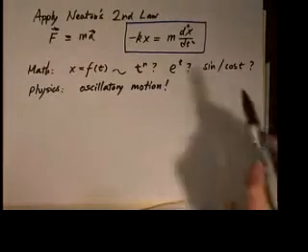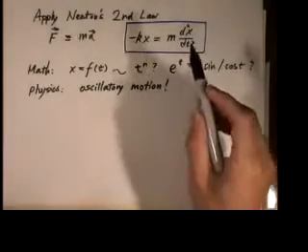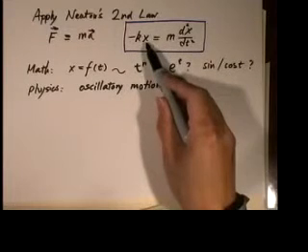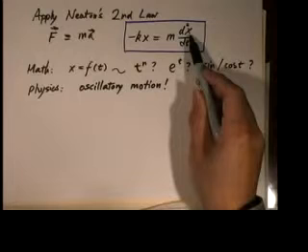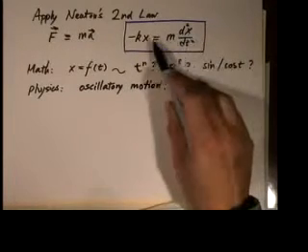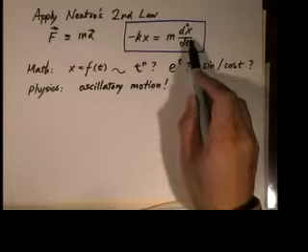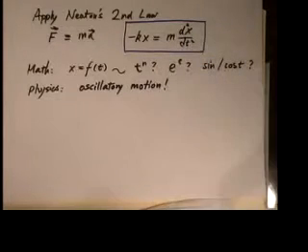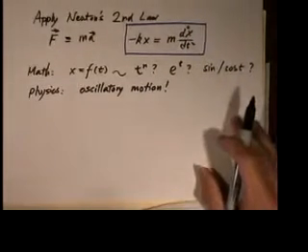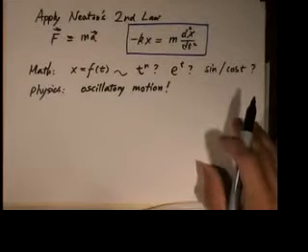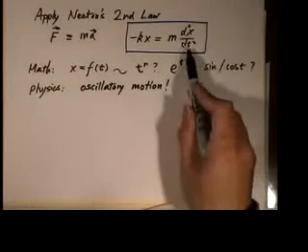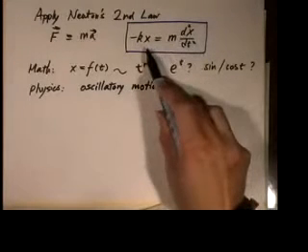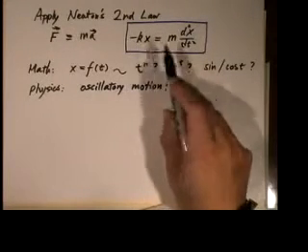So, if you take a good look at it, you'll find that this side is x, that's a function. The other side is a derivative, actually, second derivative of the same function. And yet the two sides are always equal to each other. What that tells us is that we're looking for this special function, f of t, such that when you take a second derivative, it goes back to itself, except for a negative sign.